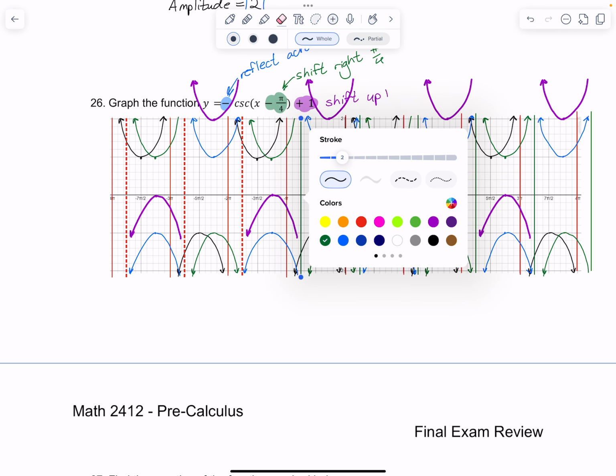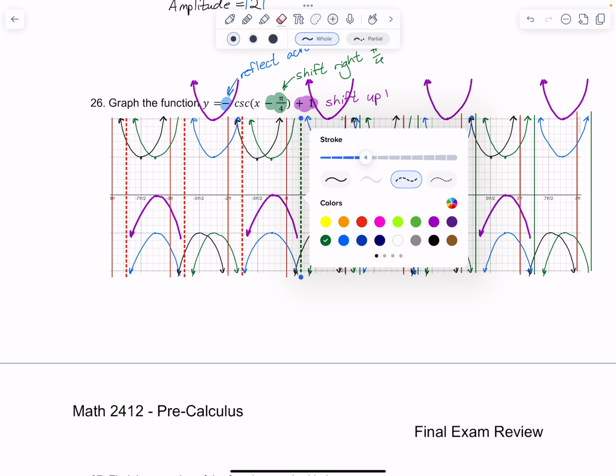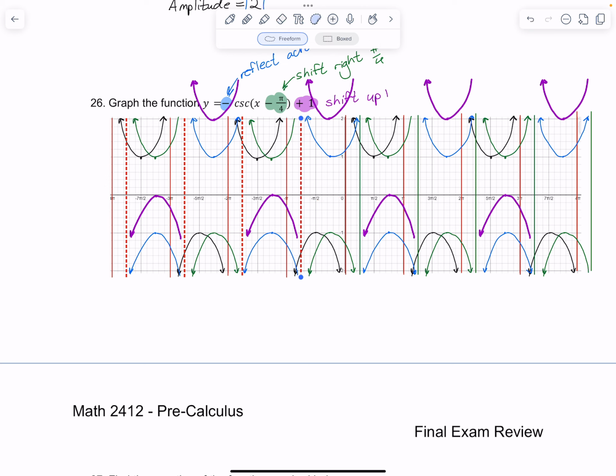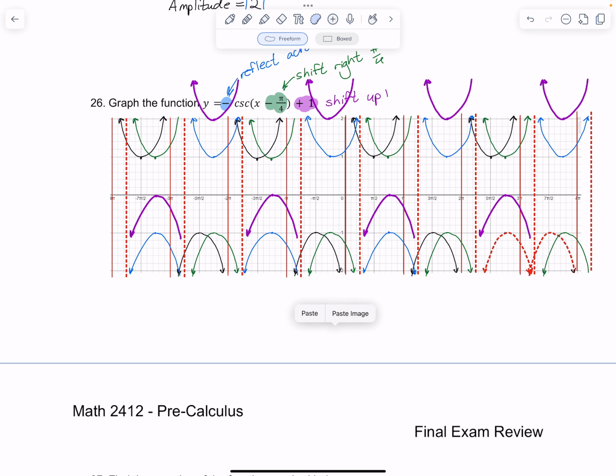Thick lines. Okay, and that should do it. The purple and red are the final answer.